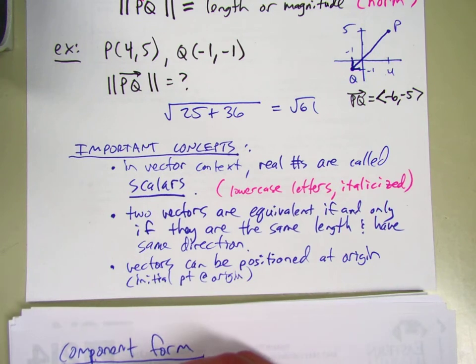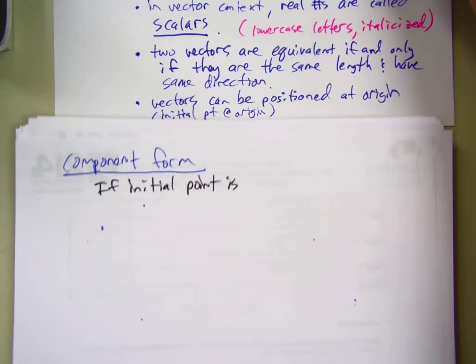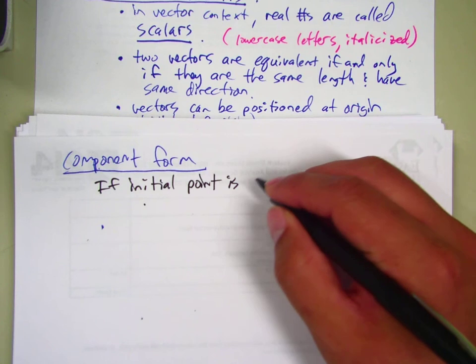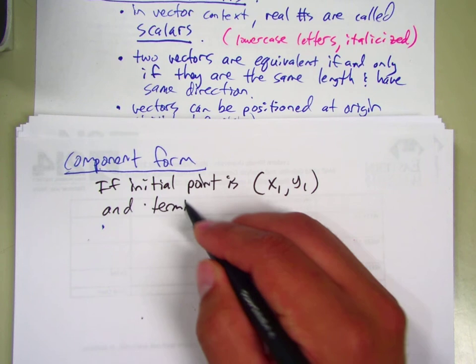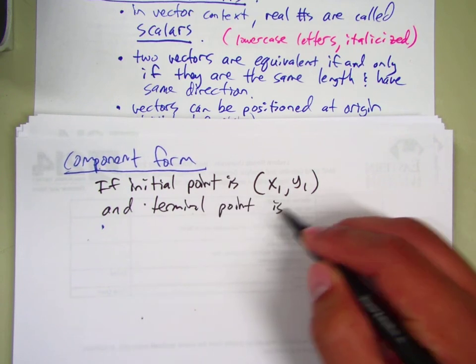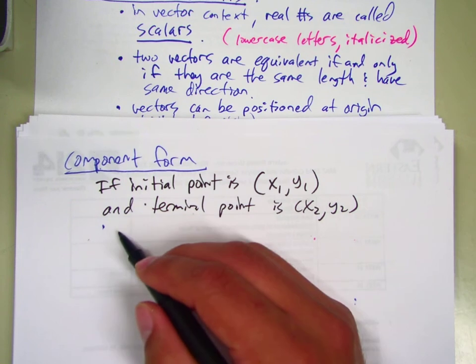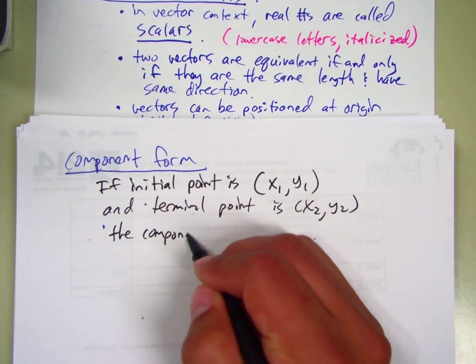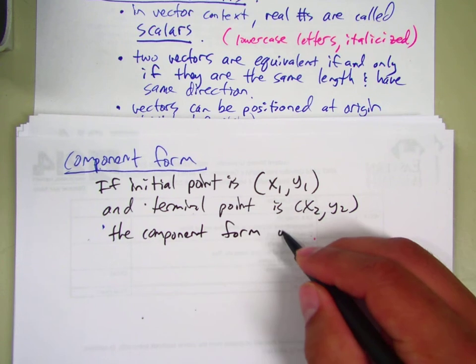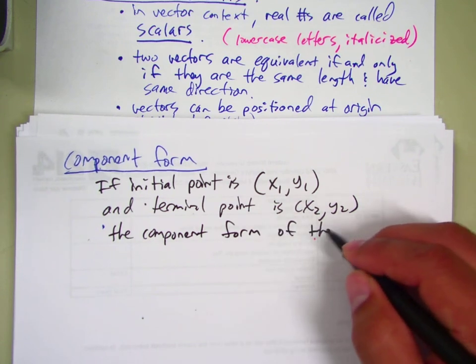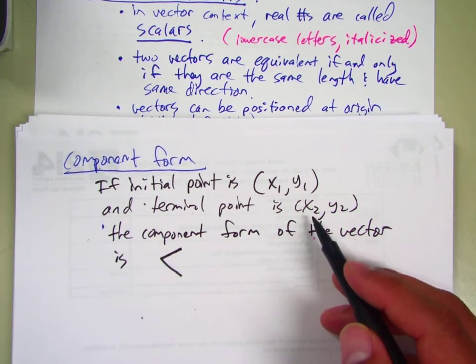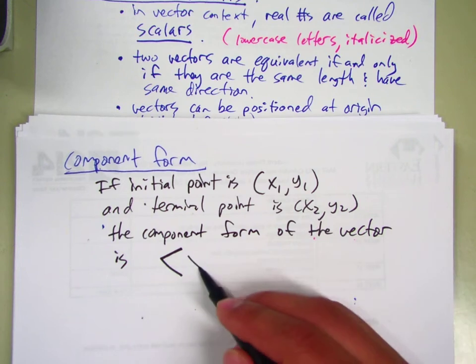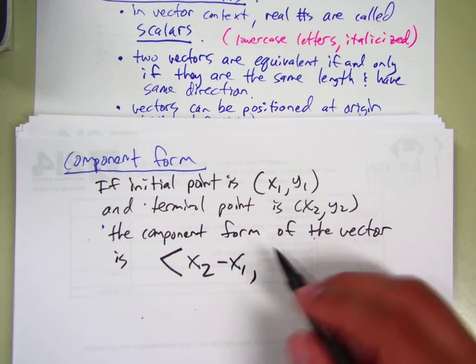So if the initial point is, let's say, x1, y1, and terminal point is x2, y2, the component form of a vector is written with these brackets, and you would just take ending x coordinate minus initial x coordinate, and then do the same with all the other components.